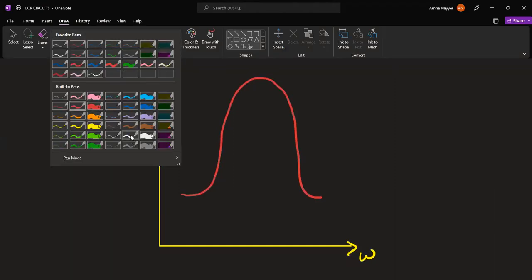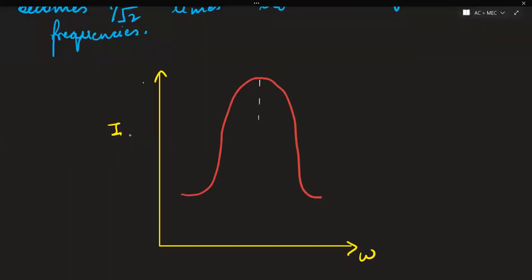Now just look over here. This peak value, where the current is maximum, we call this only as the resonant frequency. Remember what was resonance condition? Resonance condition was when current was at the maximum. So from this graph, you can predict that this is the maximum value of current. So definitely this point will be resonant frequency.